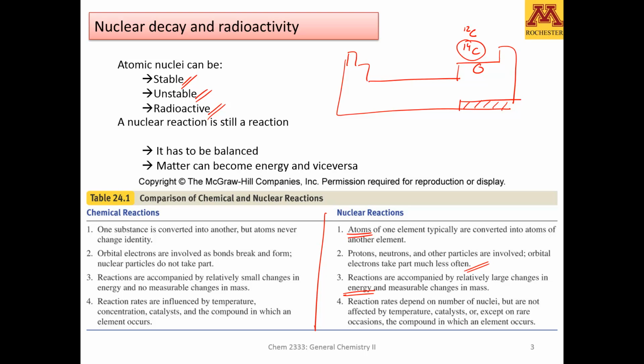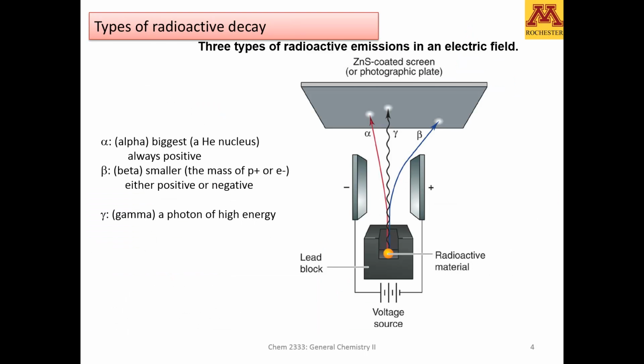So let's just study very briefly the kinds of nuclear decays that one can observe. When one has an unstable nucleus, and we will study different kinds of them, it will decompose into something else, and depending on the type of radiation that this nucleus emits when it decomposes, it will convert into something else.